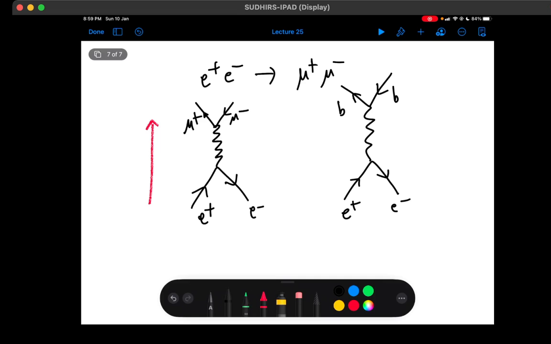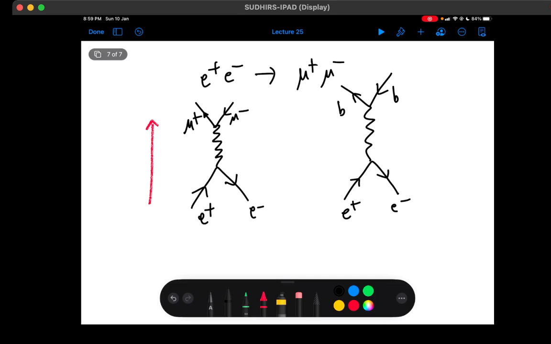But this doesn't happen, because the bottom quarks are colored objects, so they come in three colors. Each bottom quark is actually produced three times. So what you call bottom is actually a sum of three diagrams: there is one diagram like this, another diagram like this, where this is a red bottom and this would be a green bottom.